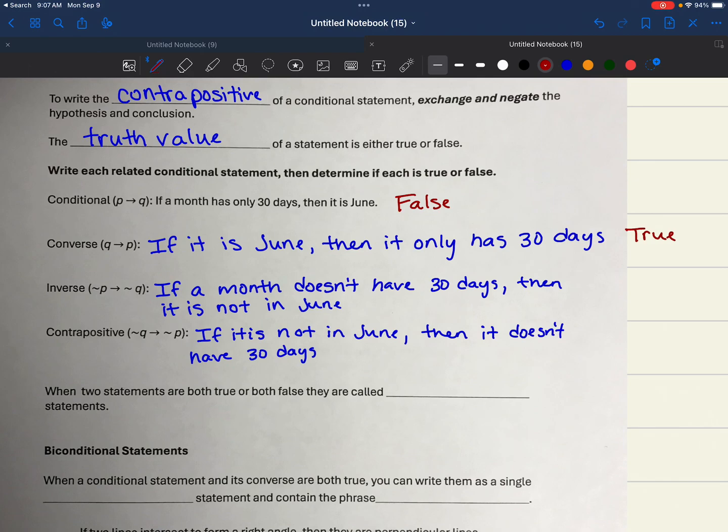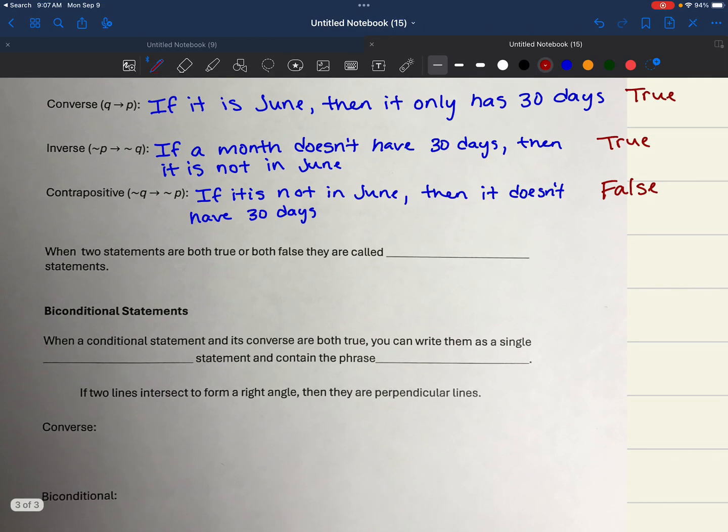June only has 30 days. If a month doesn't have 30 days, then it is not June. Also true. If it's not June, then it doesn't have 30 days. False. Good. So we go through and talk about each of these things, then we're going to move on.